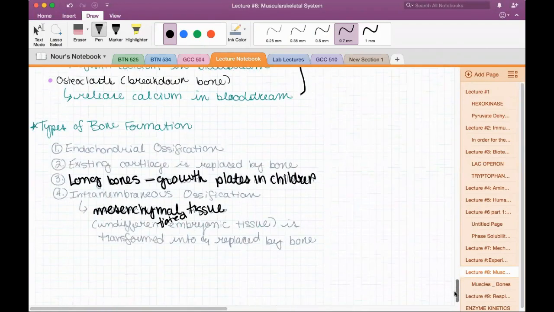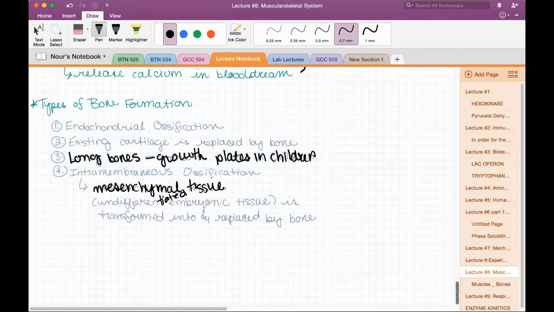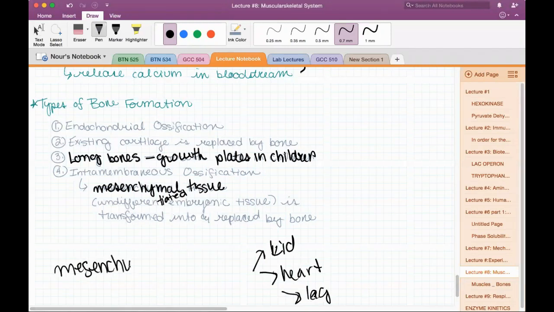All right. So intramembranous ossification. Before I go into that, I'm going to say what a mesenchymal tissue is. When tissues are first made, all of them have to have their fates determined, before being determined as kidney tissue, or heart tissue, or, I don't know, leg tissue, whatever. They all have this form called mesenchymal tissue. So this is when it's undifferentiated.